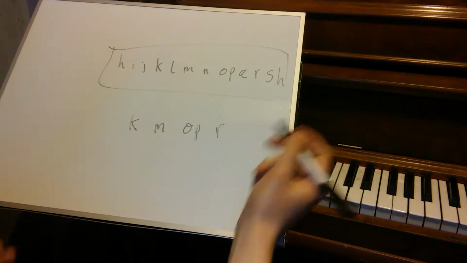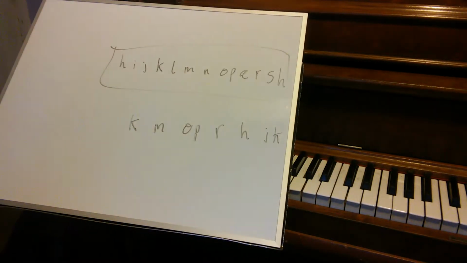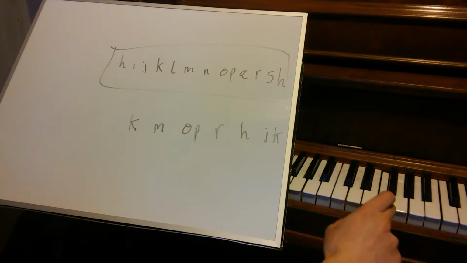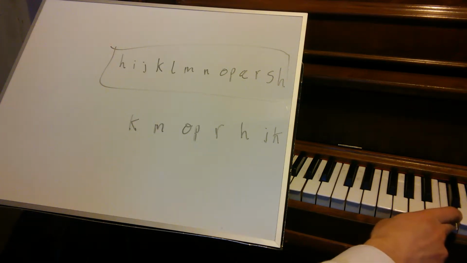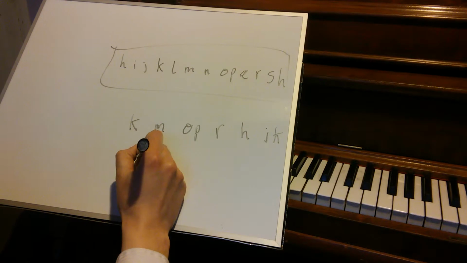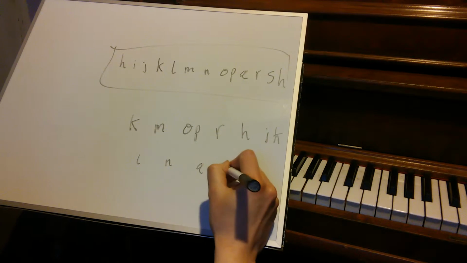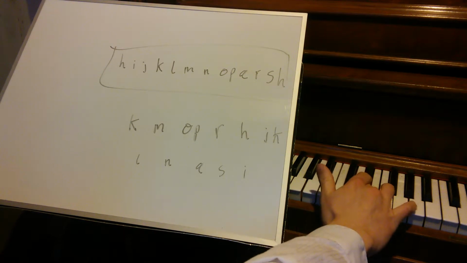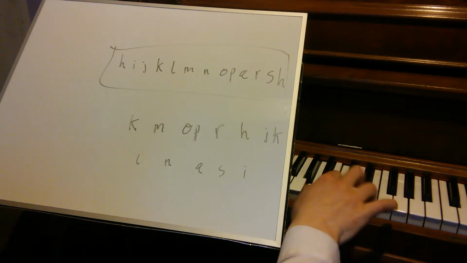K, M, O, P, R, H, J, K. So that's the layout. And then you've also got the black keys up here, which will be L, N, Q, S, and I. So L, N, Q, S, I. And that is the layout there.